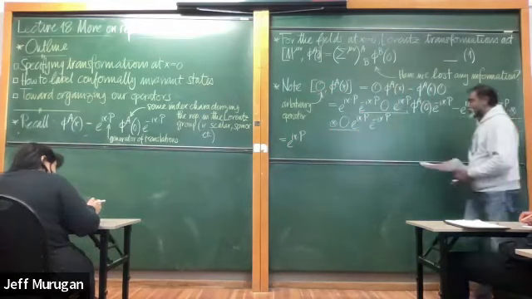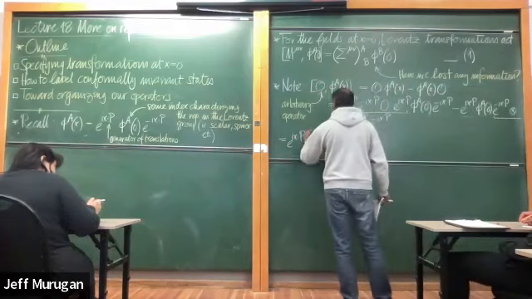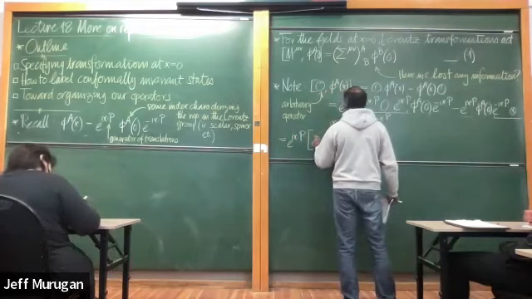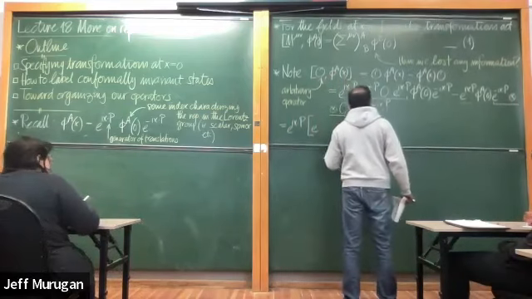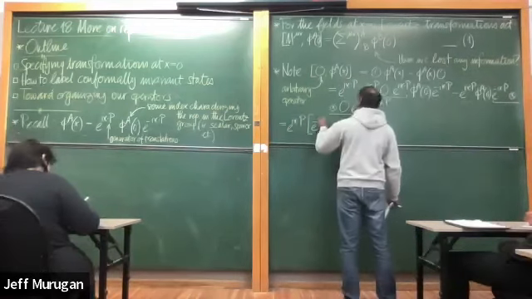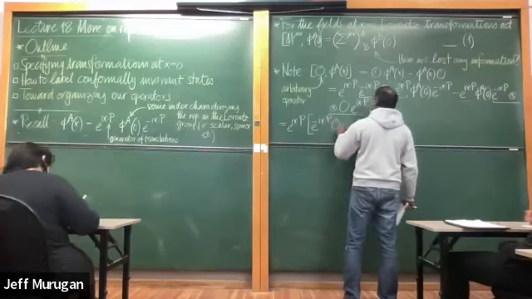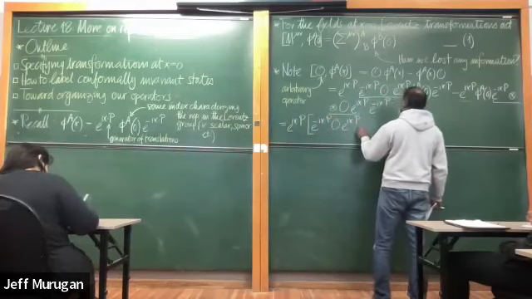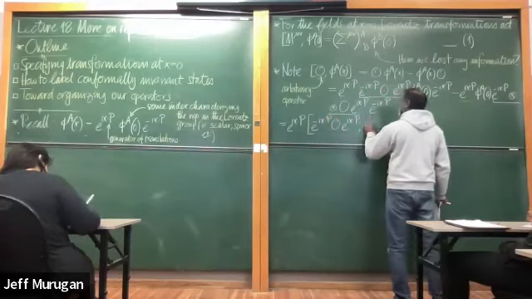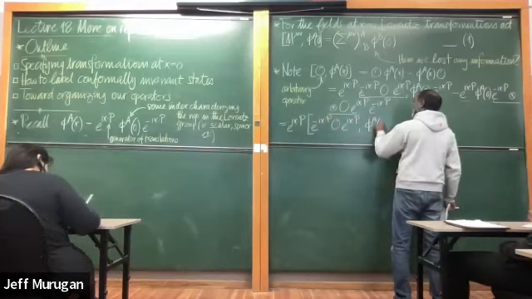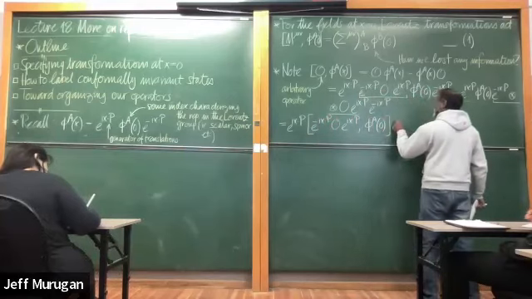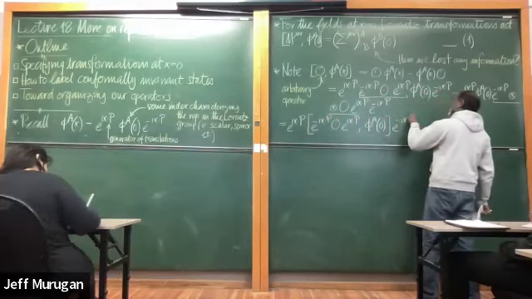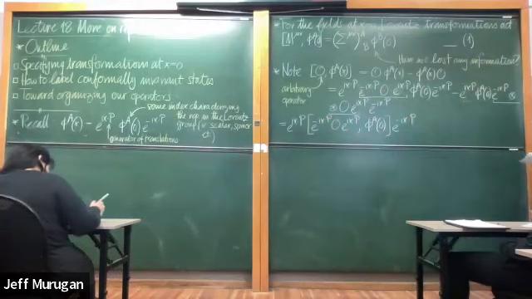So the commutator between those two: e to the minus i x·p O e to the i x·p with phi A at the origin, e to the minus i x·p.